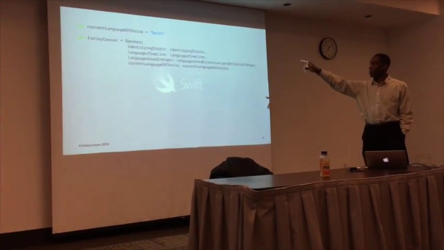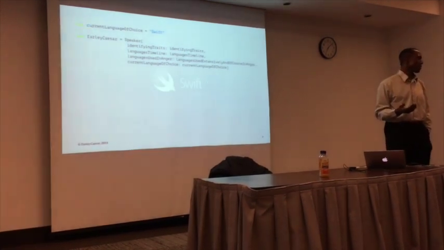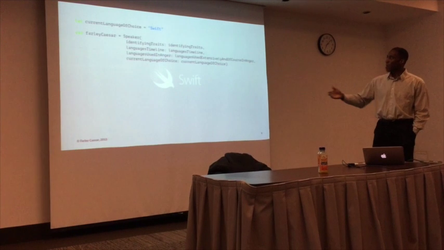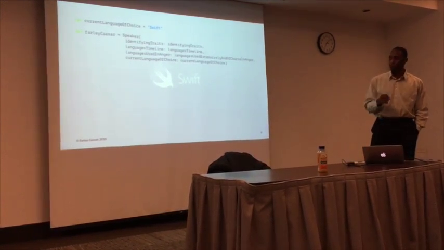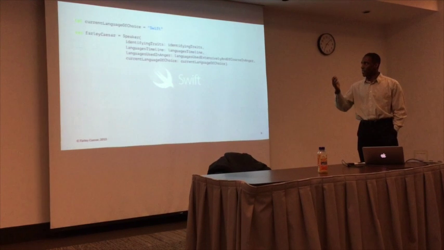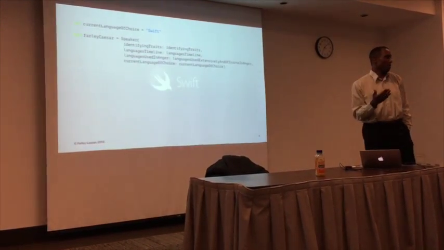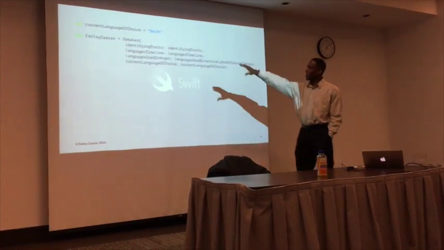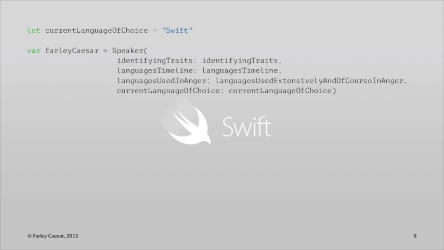So if I took the current language of choice and tried to change that string, it would be angry, basically. It wouldn't compile. But with Farley Caesar, if I change that and set it to something else of the speaker's type, it would say, yeah, fine. The reason this is interesting is because Farley Caesar here is an identifier for a struct.